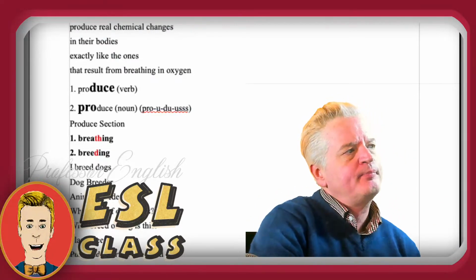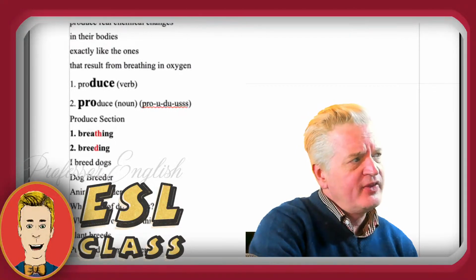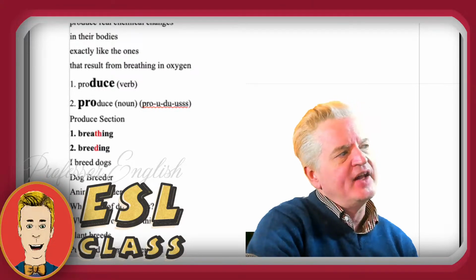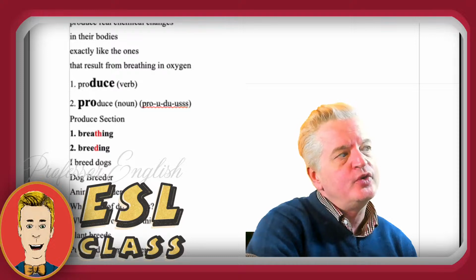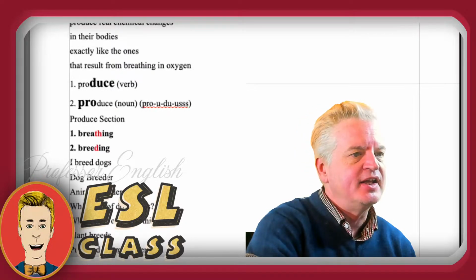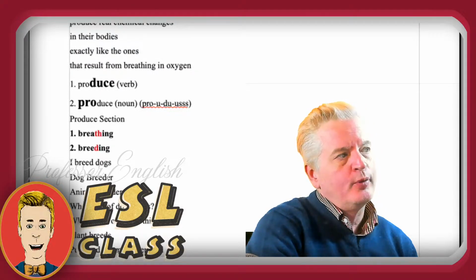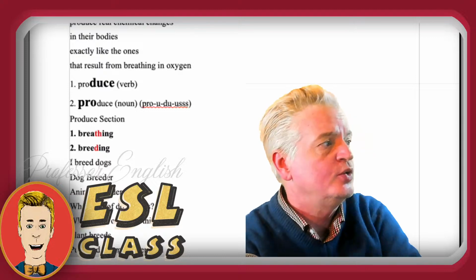Now, just as a side here, there's another word which is produce, and can you see number 1 and number 2 here? We have produce. That's the word that we're talking about. That's a verb. That means making something. But then we have this other word, produce, which is a noun, and it's two kissing vowels.